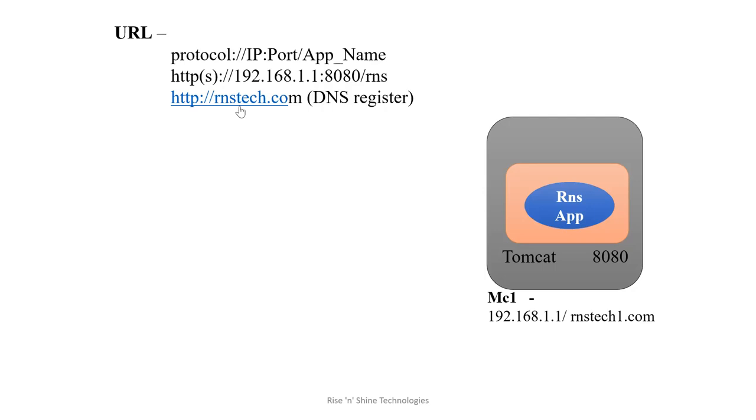That is risenshinetechnologies.com, or gmail.com, or whichever provider: that website is nothing but this approach. In the backend he has the server and the service with the hosted application, but to the users on the front end he gives the domain name.